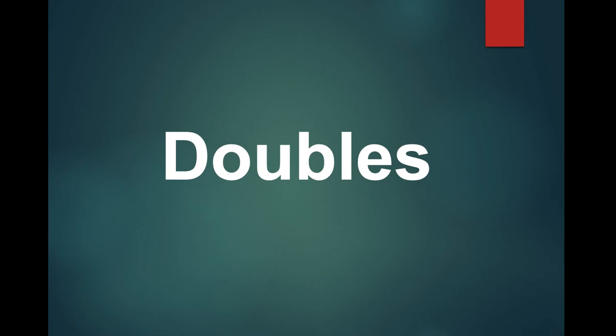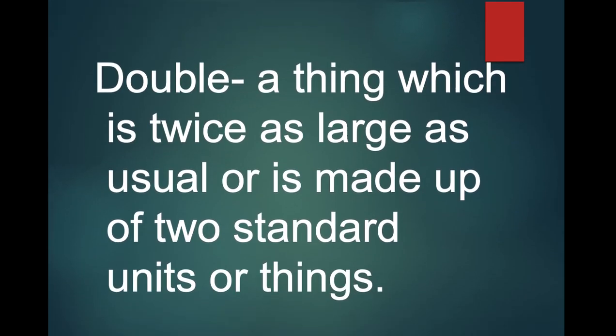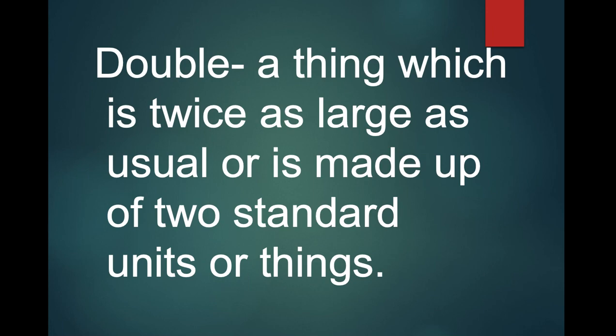Now let's move on to doubles. What do you know about the word doubles? Double: a thing which is twice as large as usual, or is made up of two standard units or things.